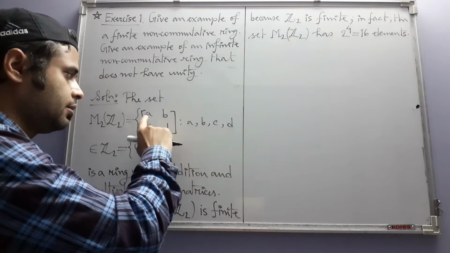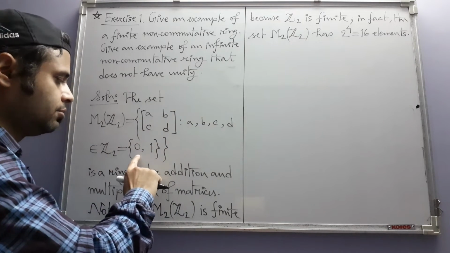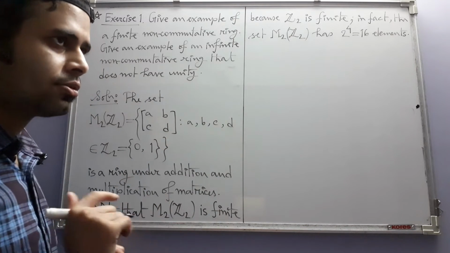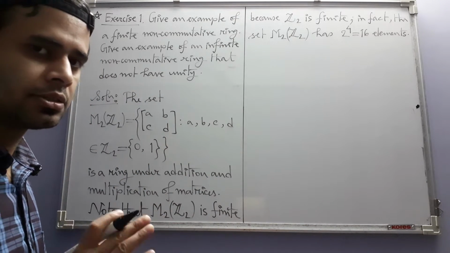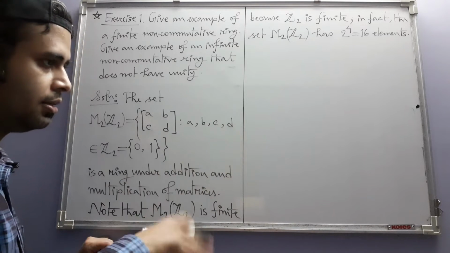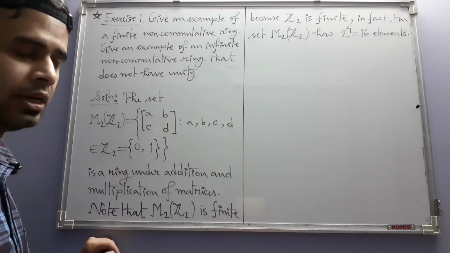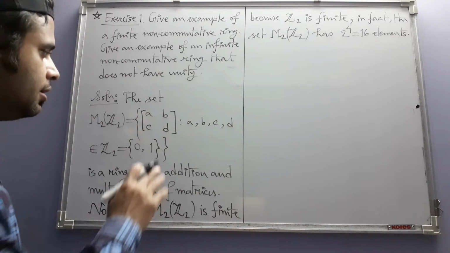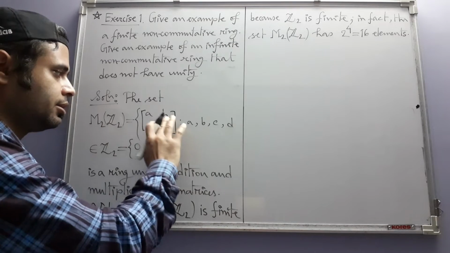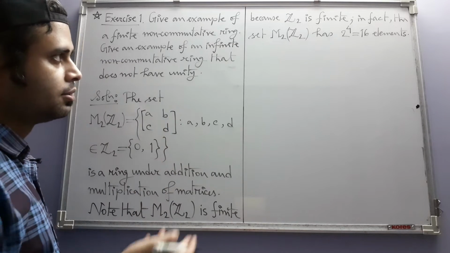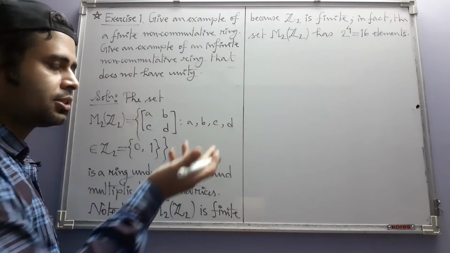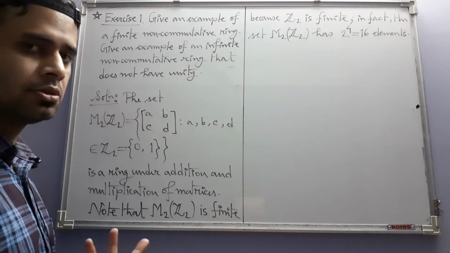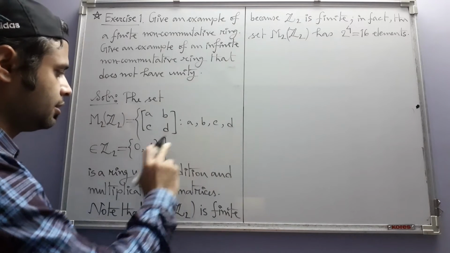In this set, a, b, c and d just have to come from this set. Further, there is no restriction. We are not restricting these entries in any way other than the fact that they have to come from this set. So each choice is independent of the other three, and each one of them can be chosen in two ways. So there are 2 to the power 4 different possibilities, so 16 matrices will be there in this set.